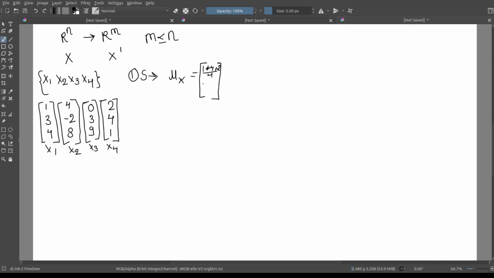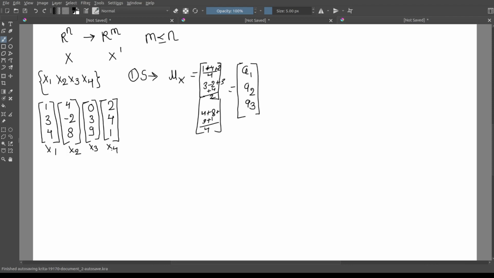Similarly the second component is 3 minus 2 plus 3 plus 4 divided by 4, and the third component will be 4 plus 8 plus 9 plus 1 divided by 4. So you will get some value. Let's say you are getting a1, a2 and a3. This is the mean vector you will get. So what will be the dimension of this mean vector? It is also 3 cross 1.